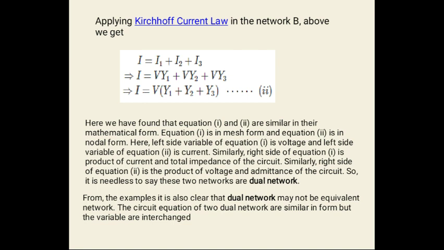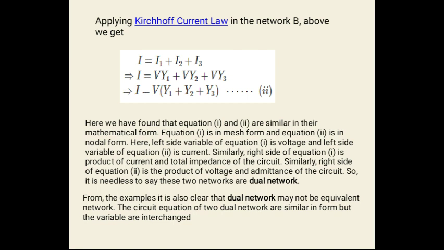Here we have found that equations 1 and 2 are similar in their mathematical form. Equation 1 is in mesh form and equation 2 is in nodal form. Here, the left side variable of equation 1 is voltage and the left side variable of equation 2 is current.